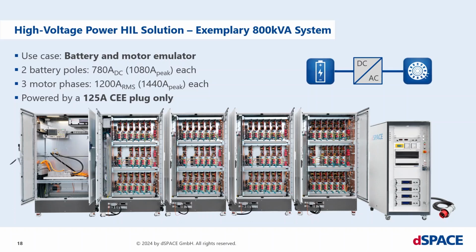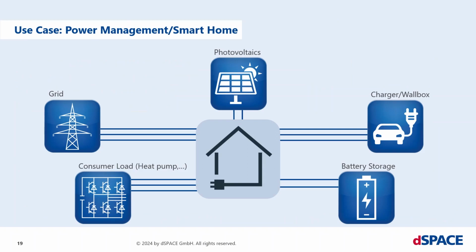Okay, I gave you the example of the wind power plant. Now I give you another example, which is predestined because we have this modular approach. So you can also test, for example, let's call it a power management or smart home. In these homes, you have a smart home system which brings all your power and energy functions together.